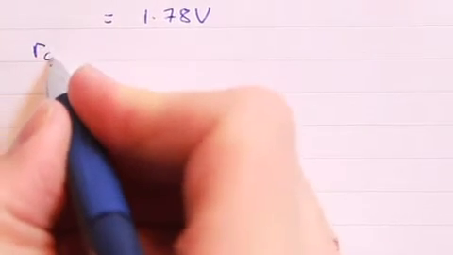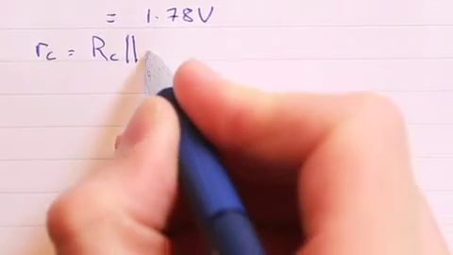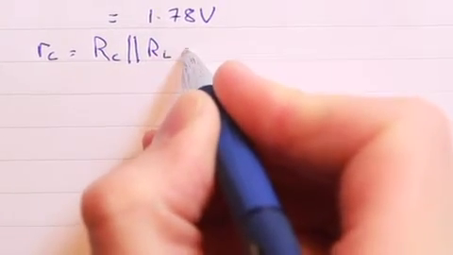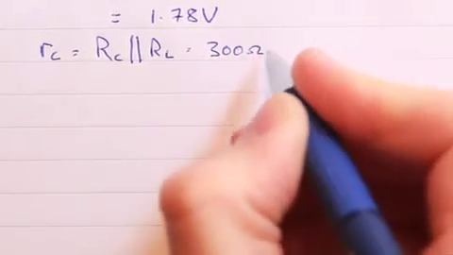The next step involves the calculation of the AC resistance in the collector circuit, or RC. This is given by the parallel combination of collector resistance and load resistance.